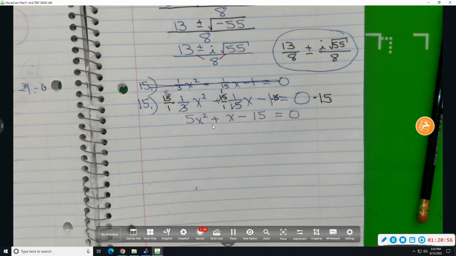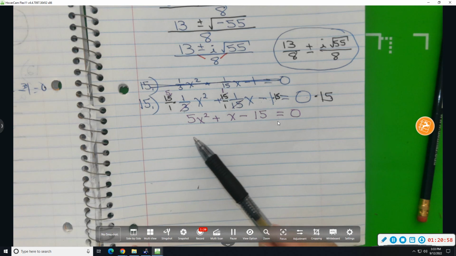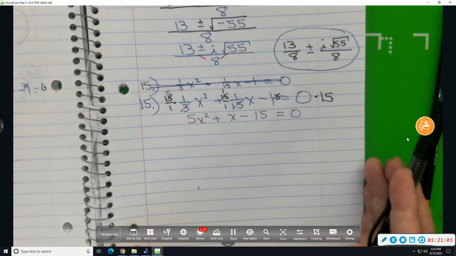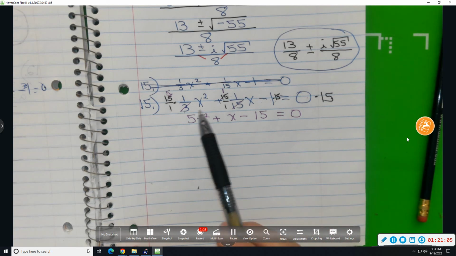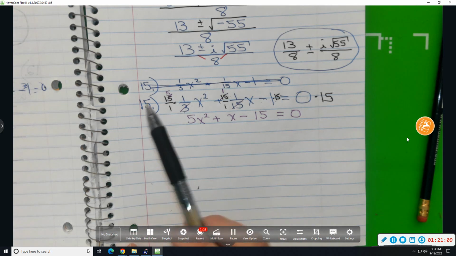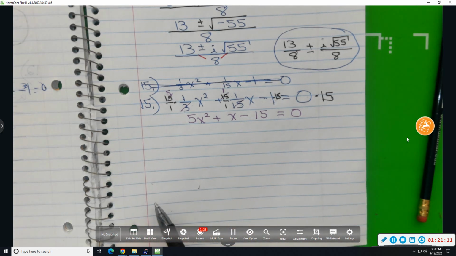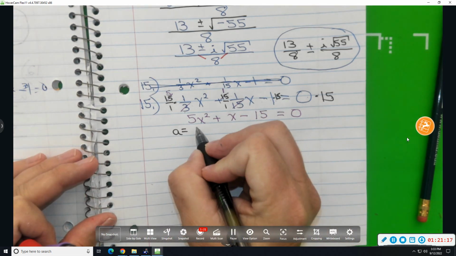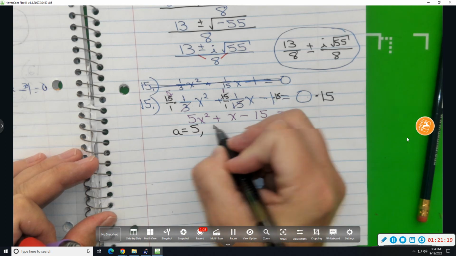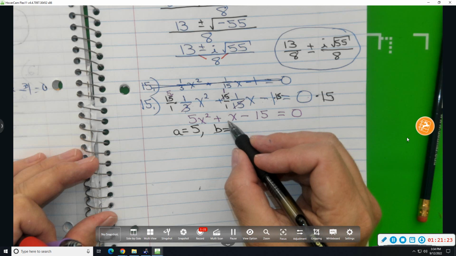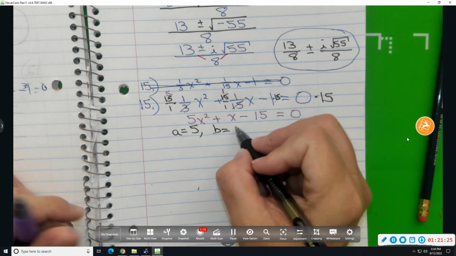Well, any questions on what we did there? I would not use fractions for A, B, and C. I would ask myself, what number divides evenly into every denominator, and multiply through by that. Because now it becomes pretty similar to the others. A is equal to 5. B is equal to, well, just a 1.